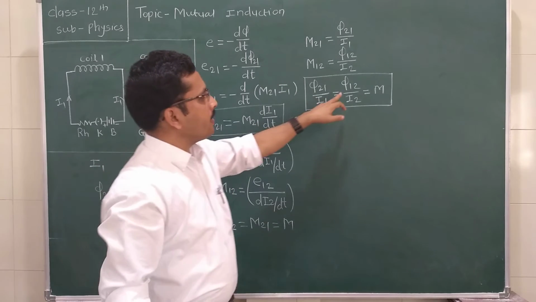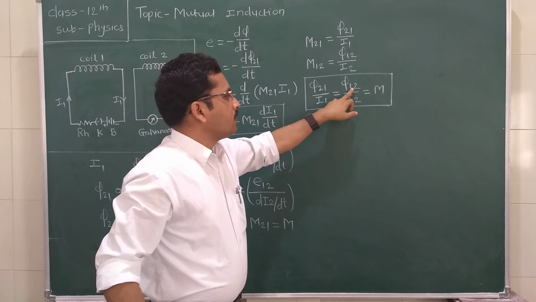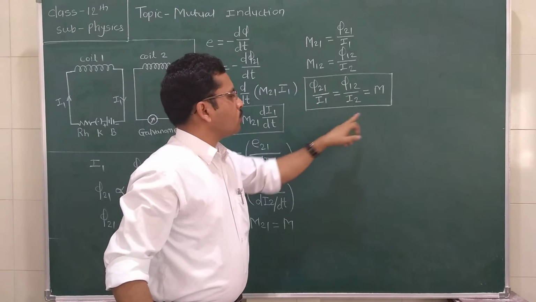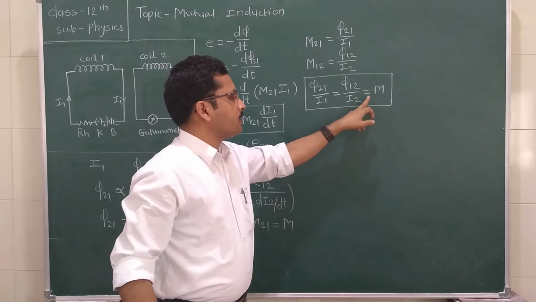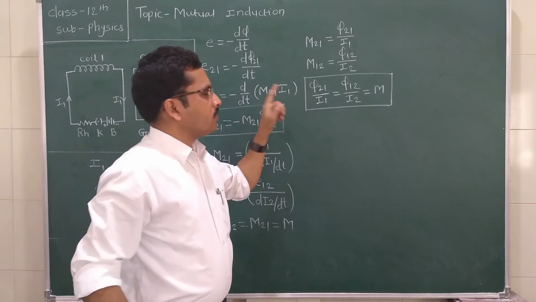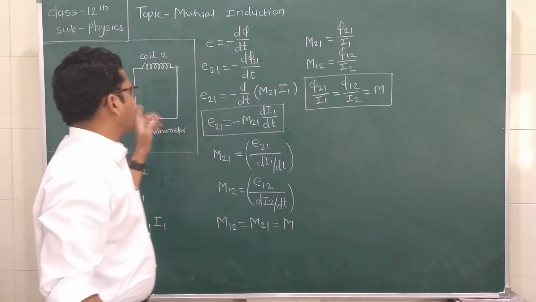In the same way, this is the magnetic flux produced in the first coil per unit current passing through the second coil. The ratio of both these magnetic fluxes per unit current remains constant, which is the coefficient of mutual induction.